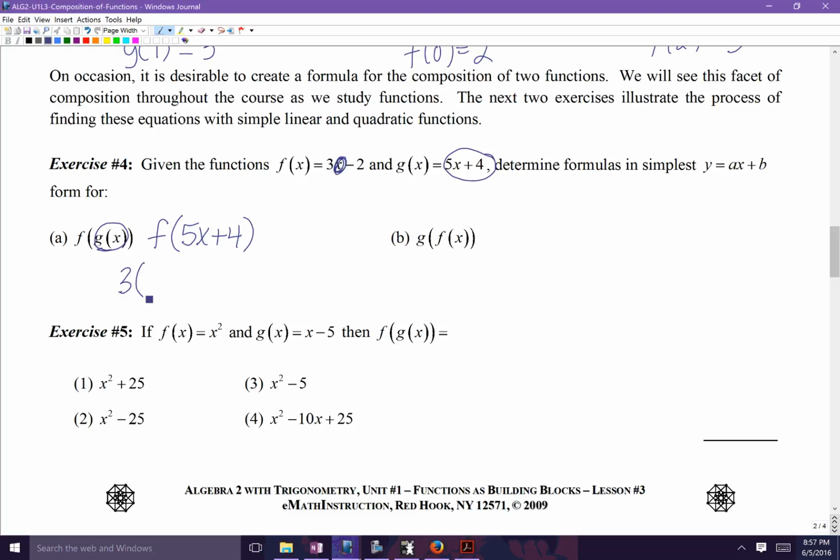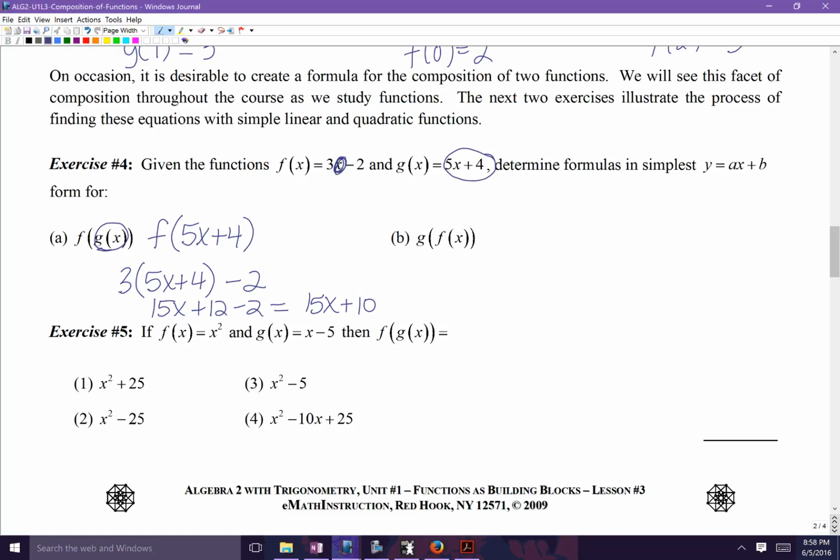So I have 3 times 5x plus 4, minus 2. Now I can evaluate this. I'm going to distribute, for a final answer of, combining like terms, 15x plus 10.